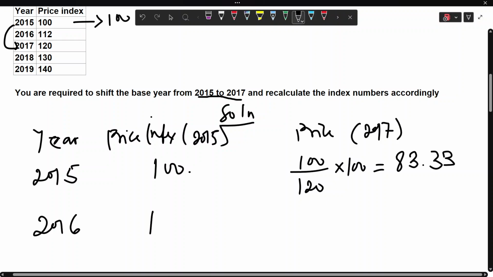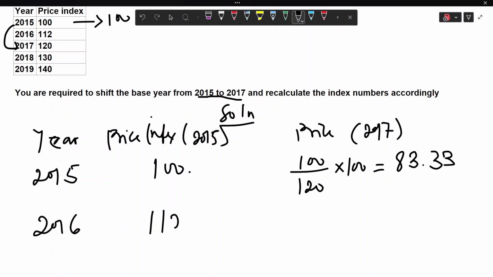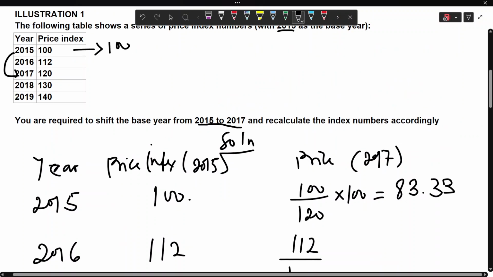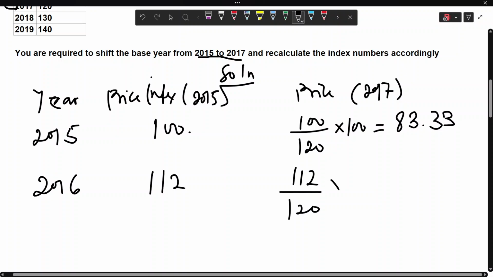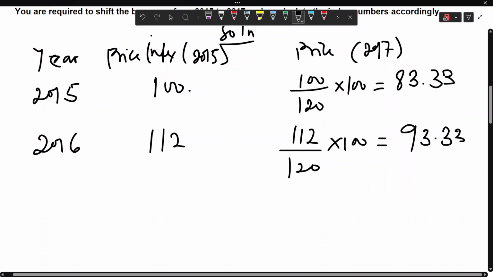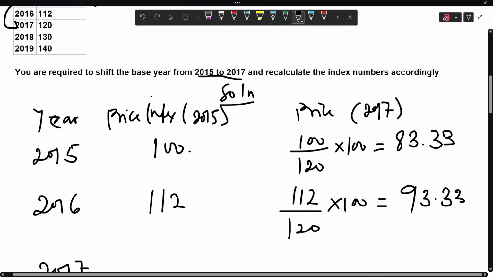Now let's move to 2016. The old price index based on 2015 was 112, as given in the question. To find the new one, it's 112 divided by the 2017 index, which is our new base, times 100, giving us 93.33. Now for 2017, based on 2015, we had a figure of 120.